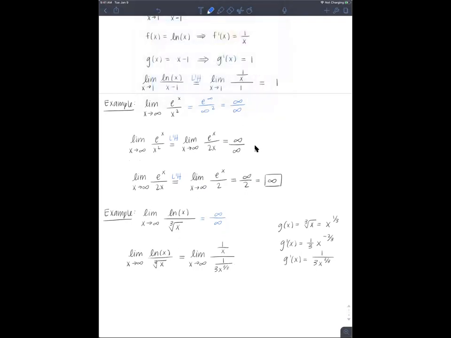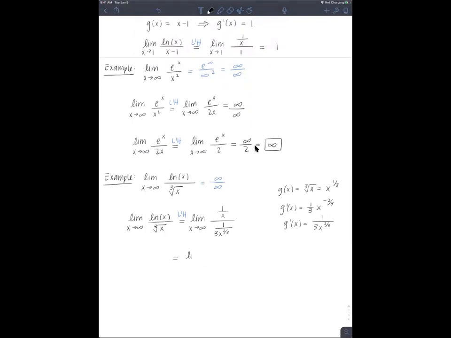This right here is where I L'Hopitaled it. When I have a fraction over a fraction, what can I do with these two pieces right here? What am I really multiplying this top one by? It starts with an R. Yeah, the reciprocal, right?